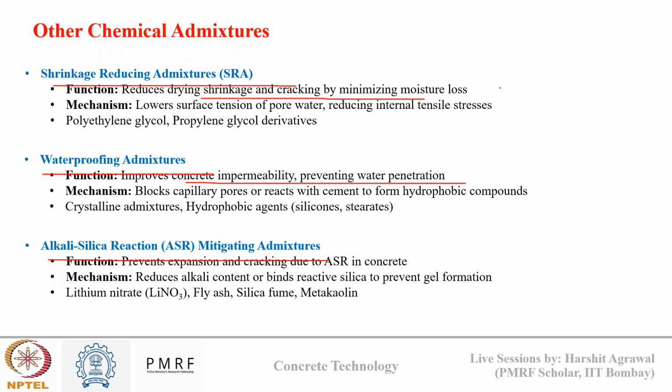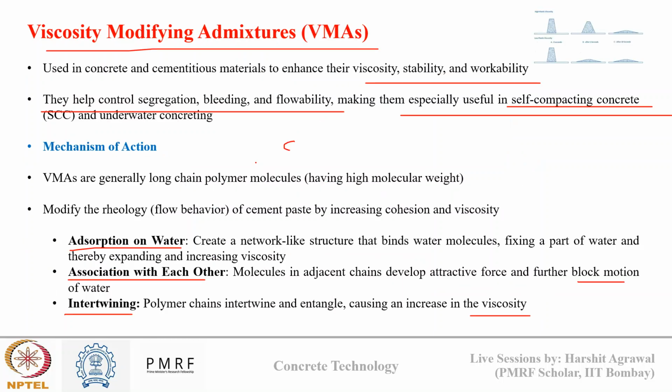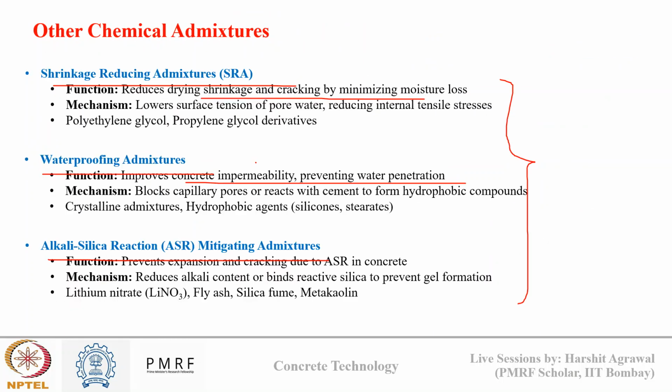So these are very rarely used admixtures. We'll just skip this part and focus on the main admixtures used in concrete. However, I have provided one slide where I have written the function, mechanism, and some of the commonly used admixtures for all these three categories. So you can have a go on this also.